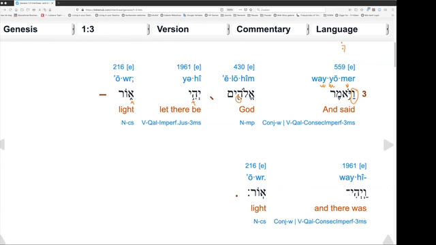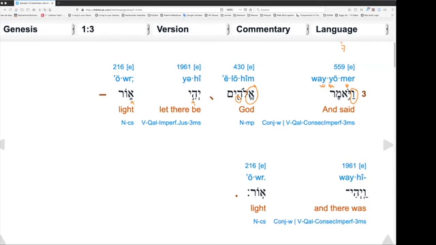So, Vayomer. The yud is doubled. Elohim. There is only one lamed. And the first syllable is this. It's an aleph with the chataf segol, the very short E sound.